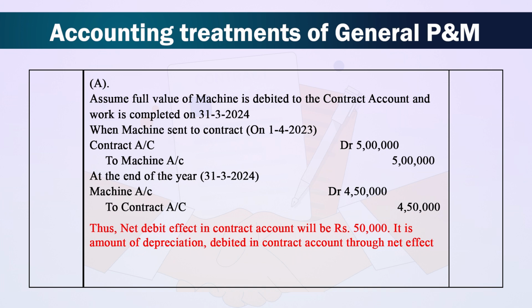At the end of the year, that is 31st March 2024, machine account debit rupees 4,50,000 to contract account rupees 4,50,000. Thus, the net debit effect in the contract account will be rupees 50,000. It is the amount of depreciation debited in the contract account through net effect.